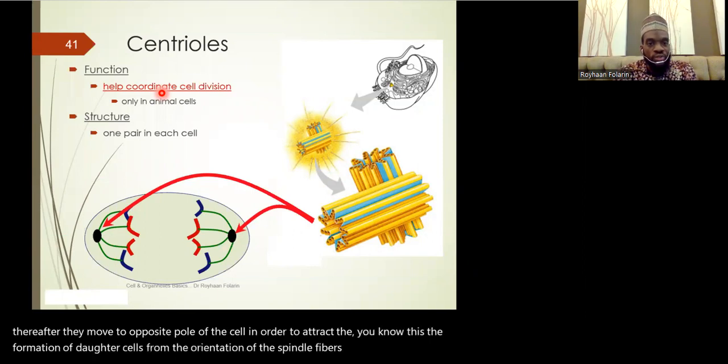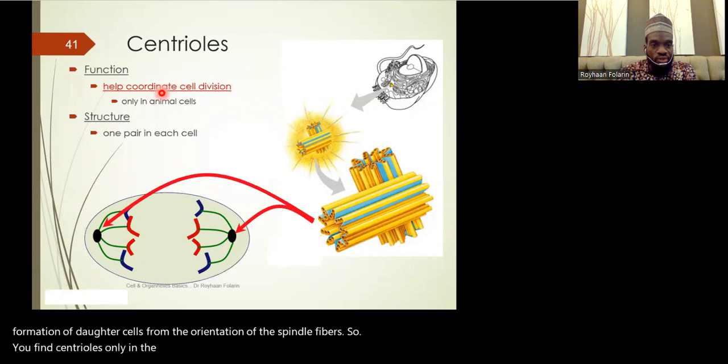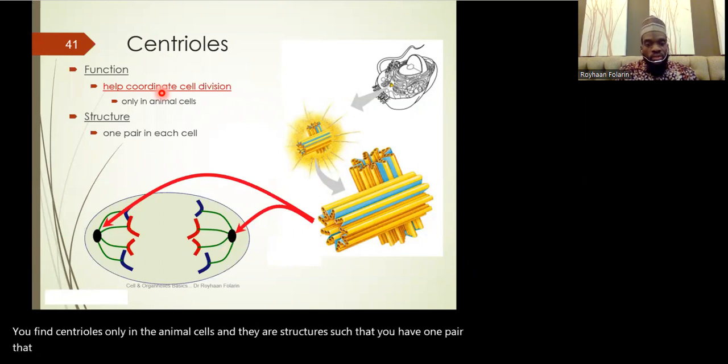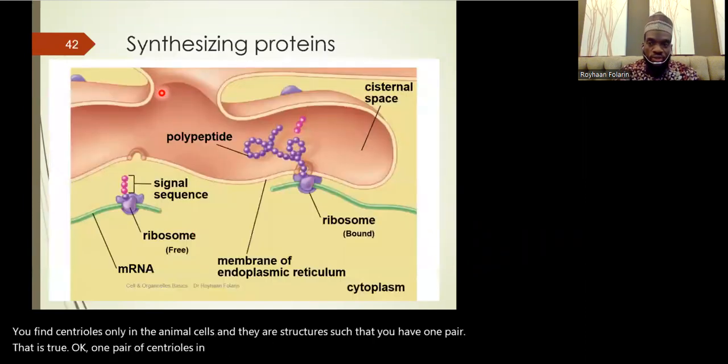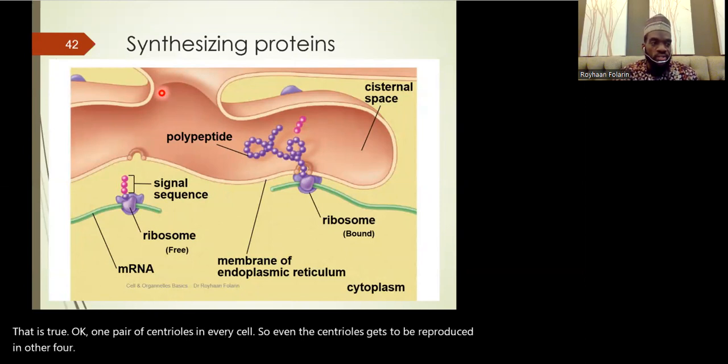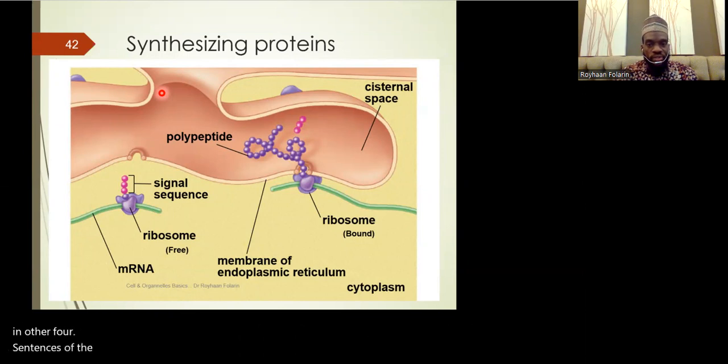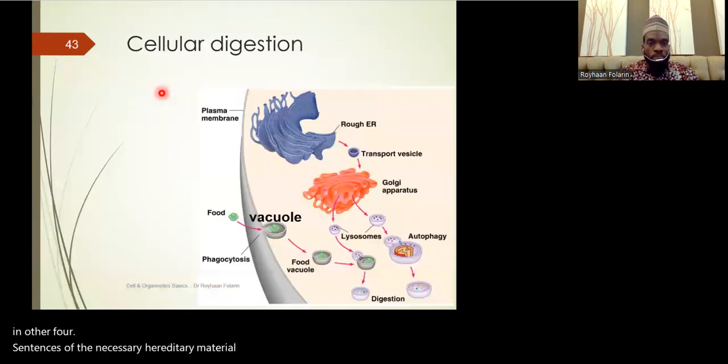So you find centrioles only in the animal cell, and they are structured such that you have one pair, that is two, okay, one pair of centrioles in every cell. So even the centrioles get to be reproduced in order for synthesis of the necessary hereditary materials to happen.